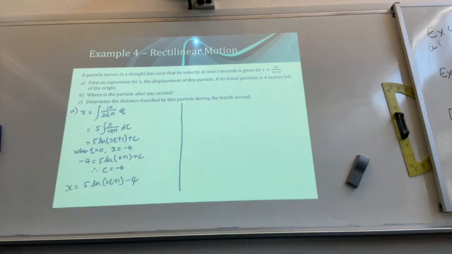So from there, you can write x equals 5 log of (2t plus 1) minus 4, and you should be able to find x when t equals 1. So it's 5 log 3 minus 4, which is about 1.4930. So it's about 1.49 meters to the right of the origin.